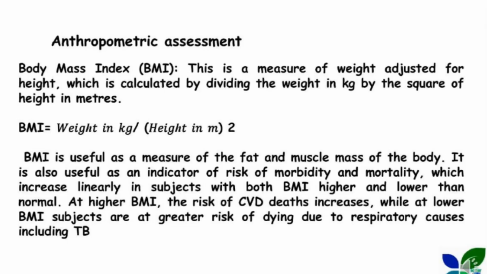The risk increases linearly in subjects with both BMI higher and lower than normal. At higher BMI, the risk of CVD deaths increases, while subjects at lower BMI are at a greater risk of dying due to respiratory causes, including TB.